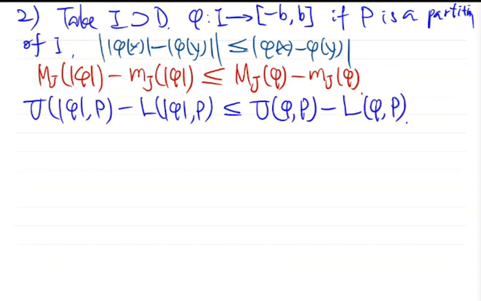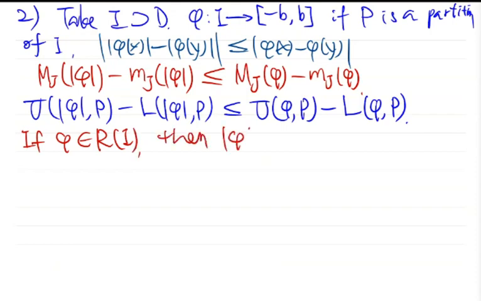So this inequality tells us that if phi is integrable, then the absolute value is also integrable. So if phi is integrable over the rectangle I, then the absolute value function is also integrable over the rectangle.